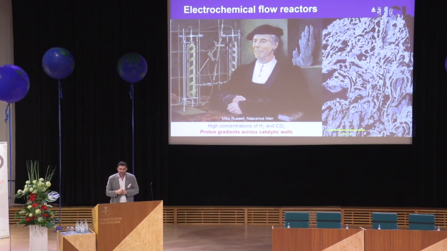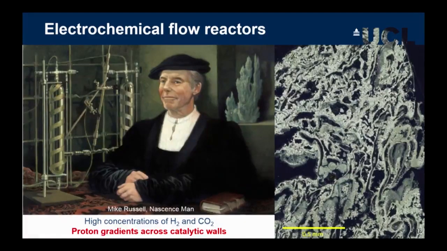Now, Mike Russell's ideas are somewhat controversial. I don't think necessarily that Jack Szostak would agree with them, but the essence of what he said is that in these environments you have high concentrations of hydrogen. The early oceans almost certainly had rather more carbon dioxide in them than today. And you can see on the right-hand side there that this is a series of interconnected pores.